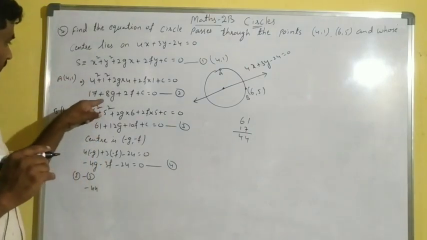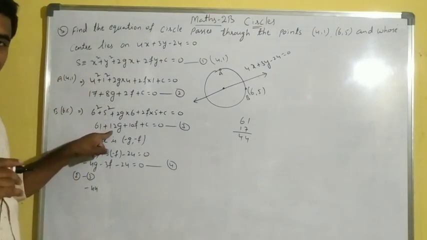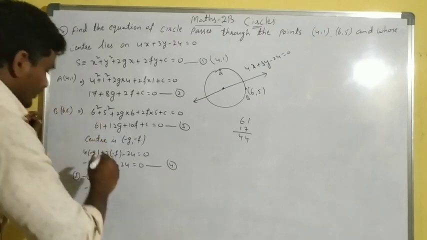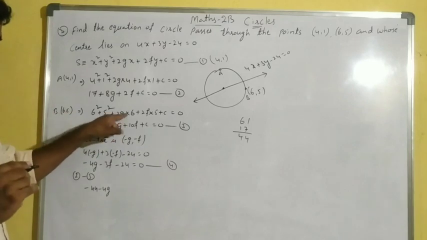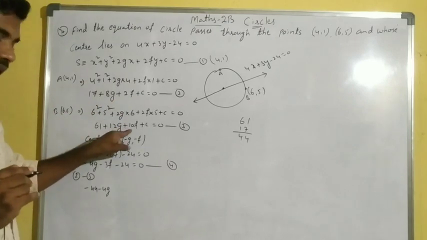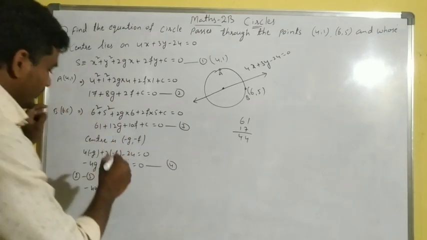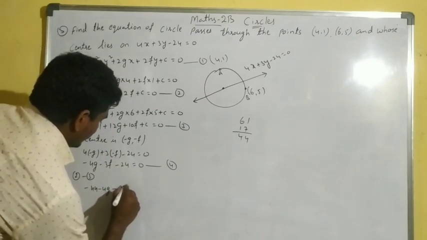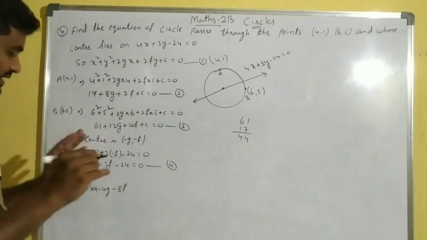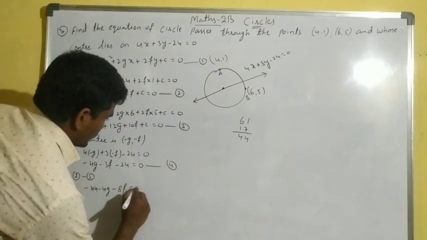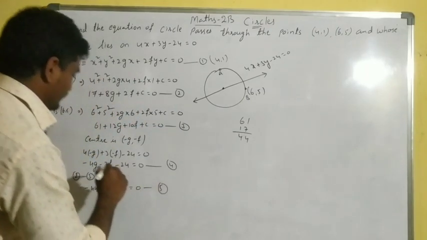The next term, 8g minus 12g is minus 4g. And next, 2f minus 10f is minus 8f. c minus c gets cancelled. That equals 0. This is equation number 5.